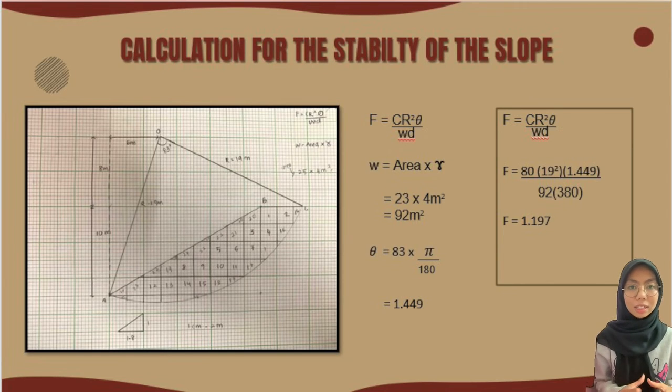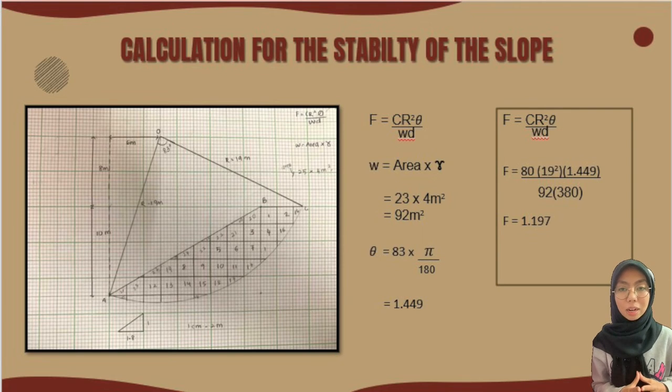Seterusnya nilai theta kita telah mendapati nilai sebanyak 1.449 dan dibahagikan nilai W iaitu 92 dan diameternya iaitu 380. Akhir sekali nilai F yang didapati oleh kumpulan ini iaitu 1.197.